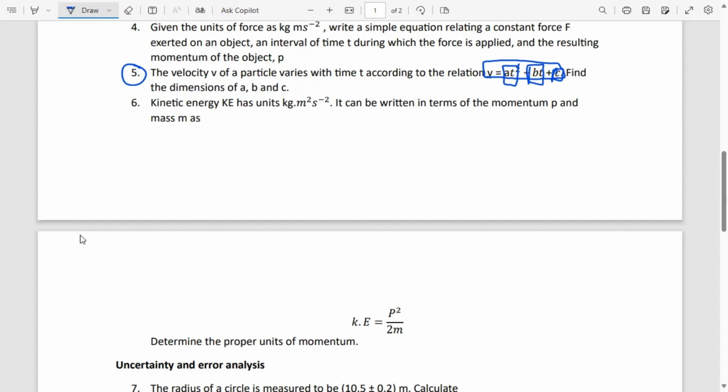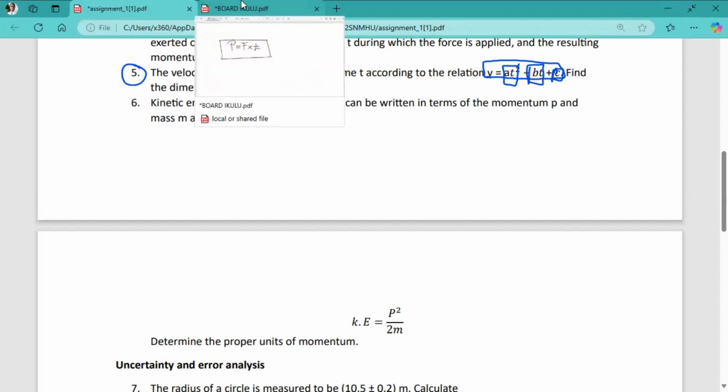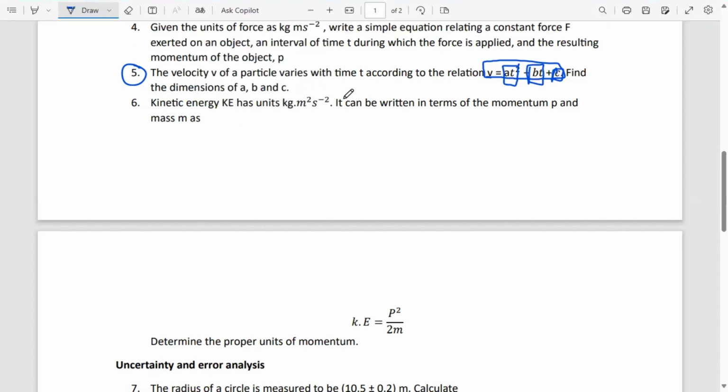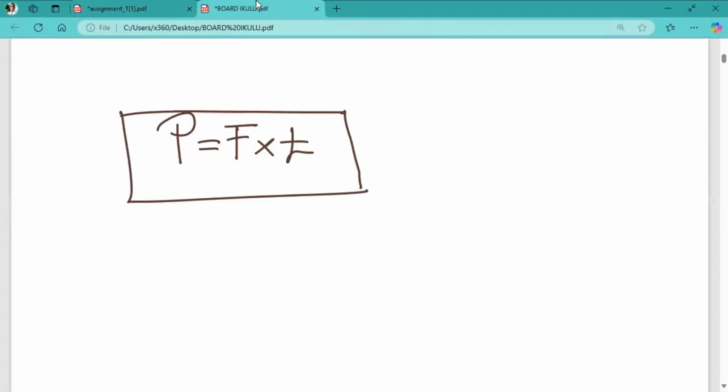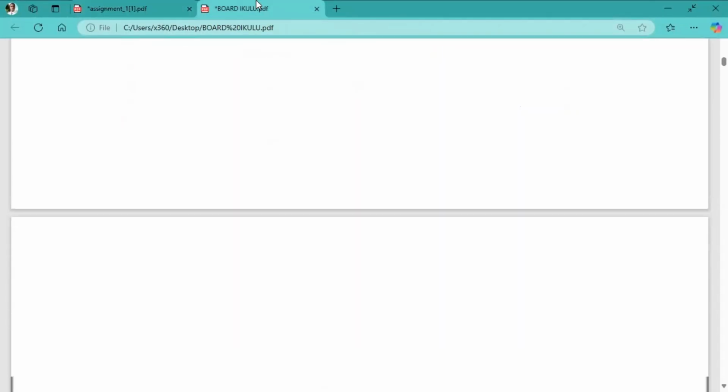If you've been given such a formula, V is supposed to be equal to AT squared individually, V is supposed to be equal to BT individually, and V is supposed to be equal to C. So that has already simplified our equation, and we are going to use this to find the dimensions of A, B, and C. Okay, so that is question 5.